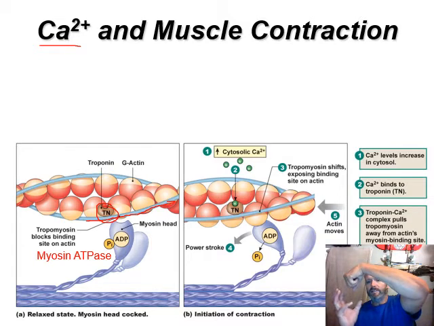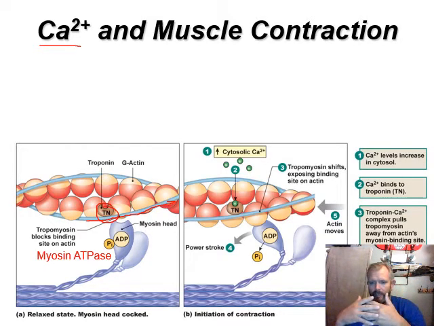So when that is covered, the myosin can't interact. If we can't get cross-bridging and power stroking, pulling of the actin, we don't get contraction. So when the muscle is relaxed, when calcium is not available, myosin and actin cannot interact.